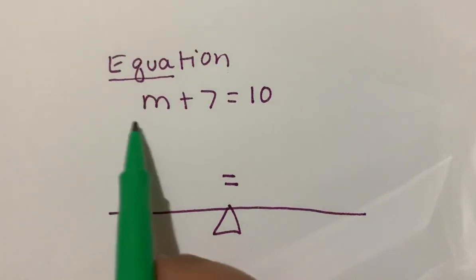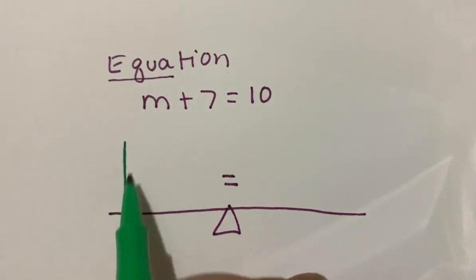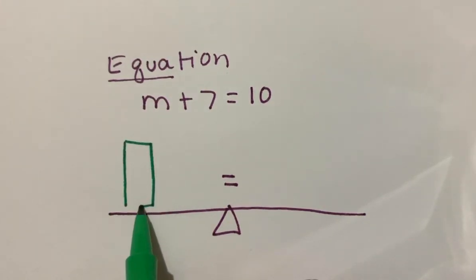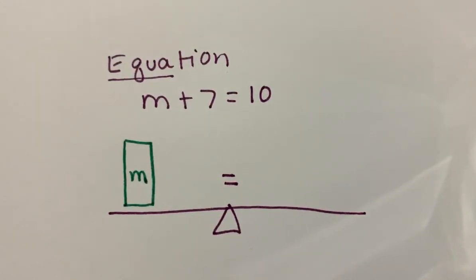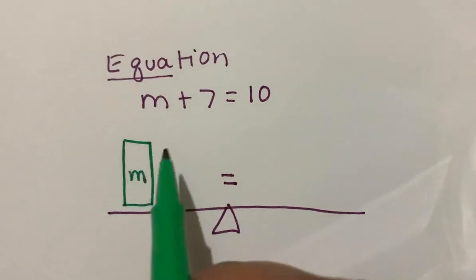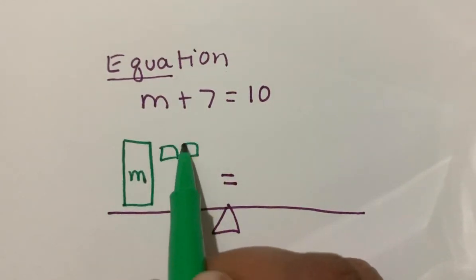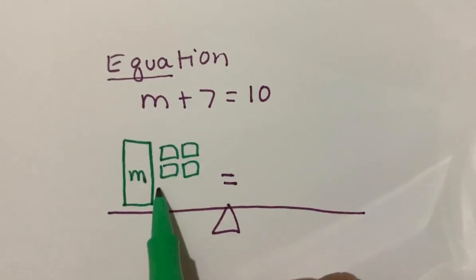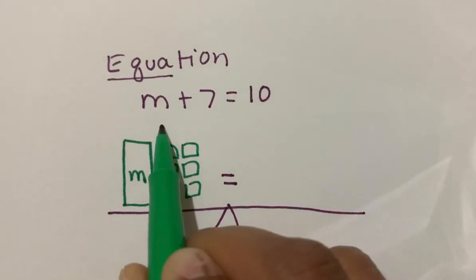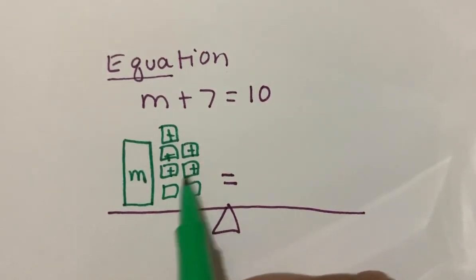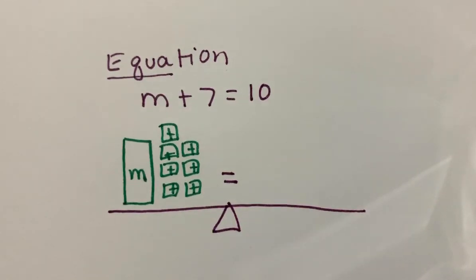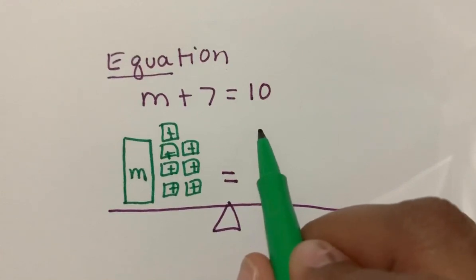So my variable m is my unknown, okay, and I'm adding 7. And these are positive values. And so that's going to equal 10.